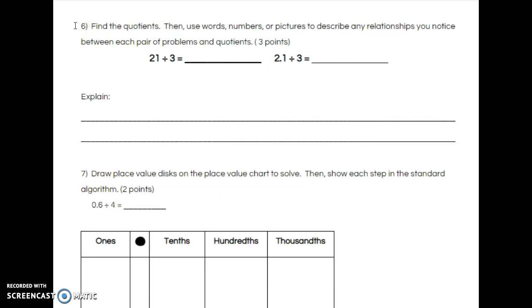Then use numbers, words, or pictures to describe any relationships you notice between each pair of problems and quotients. 21 divided by 3, 2 1/10 divided by 3. Explain.